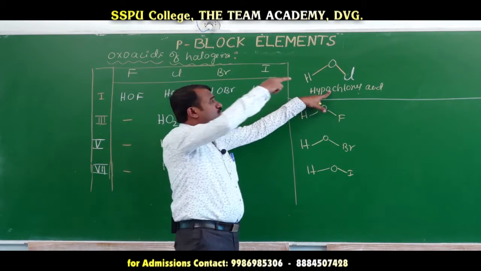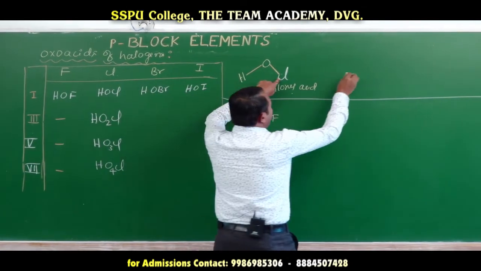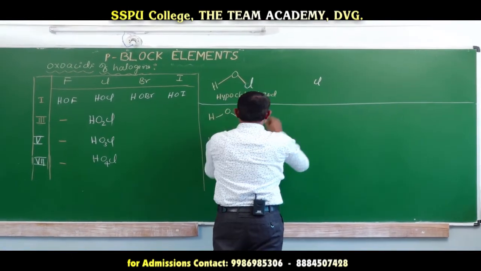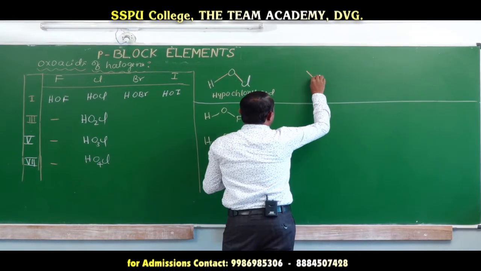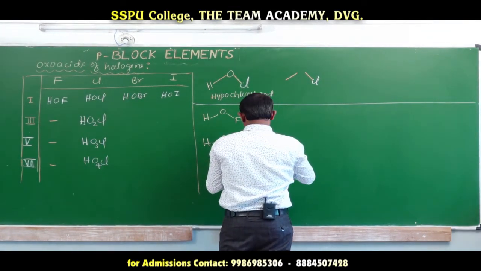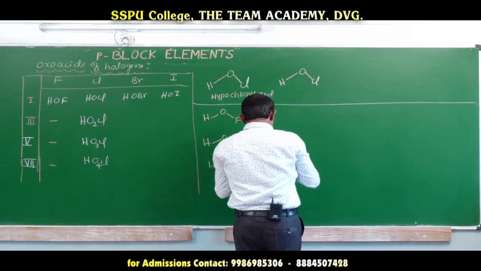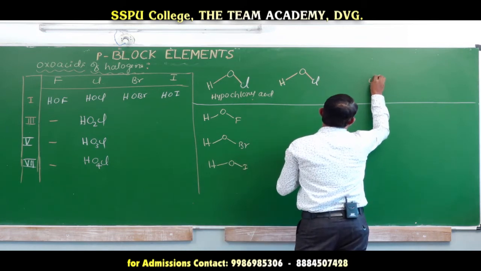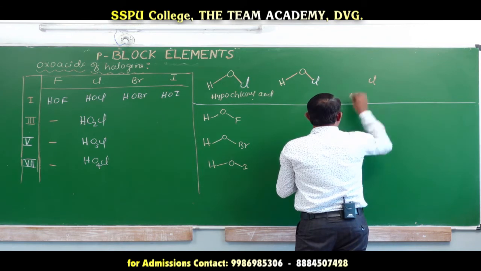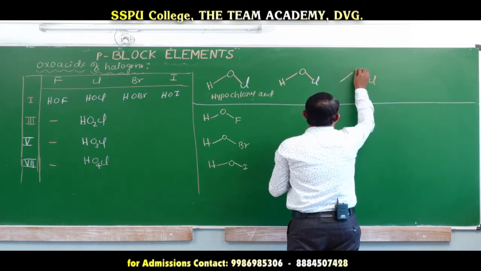For hypochlorous acid, one by one, write the same Cl, next OH, the bond is the same. And here also Cl, the bond, here also OH.